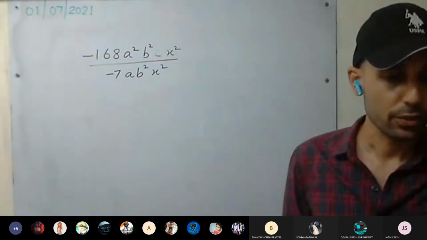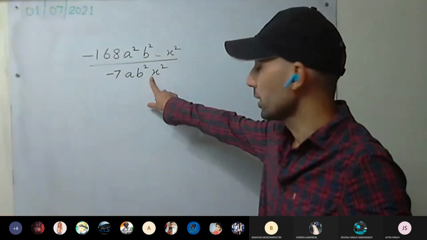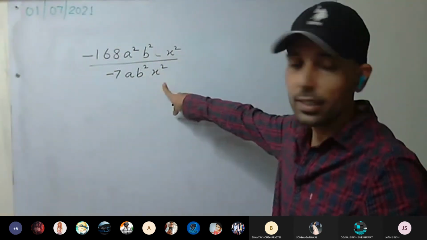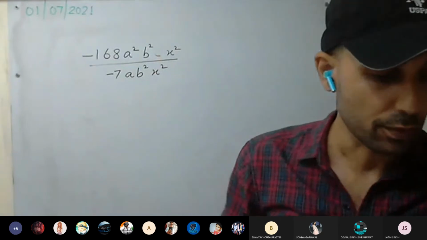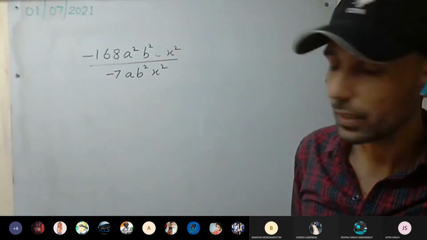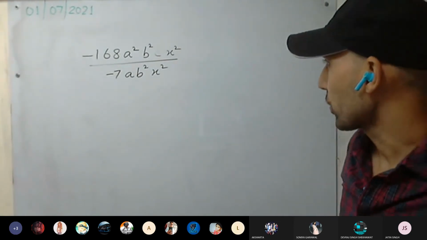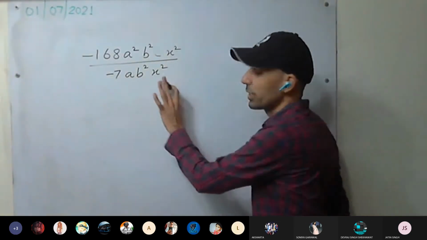Okay, this is the question. And always check once when you have written the question in your notebook. The expressions you have written, check once, tally with the book whether you have written correctly or not. So minus 168 a square b square c x square divided by minus 7 a b square x square. Okay, we have written it correctly.